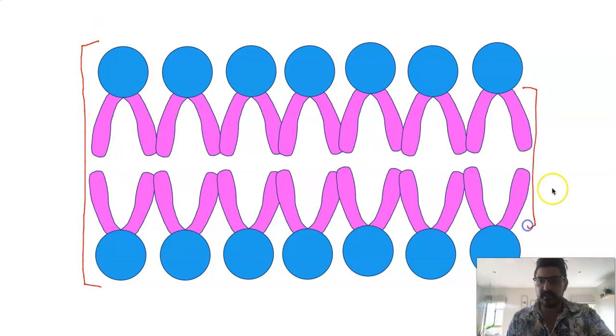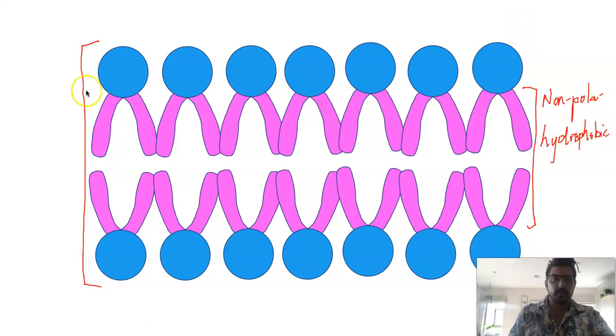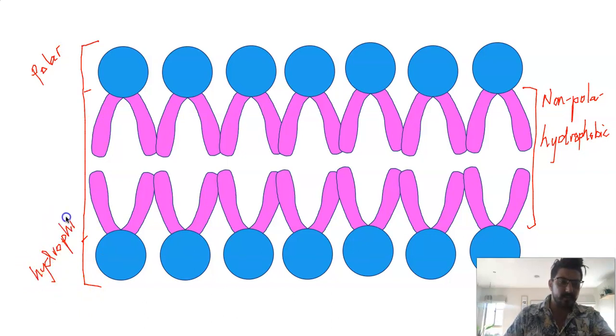We end up with this middle region that is non-polar, hydrophobic, and these two bordering regions, which are polar and hydrophilic. So we have these heads that are pointing outwards, this middle zone, which is non-polar, and again, this is going to be really, really important for how the plasma membrane functions.